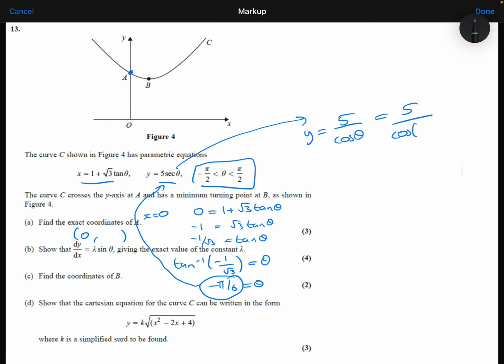So substituting the minus pi over 6 in here, 5 divided by cos of minus pi over 6 gives 10 root 3 over 3. So that is the exact coordinates of point A.